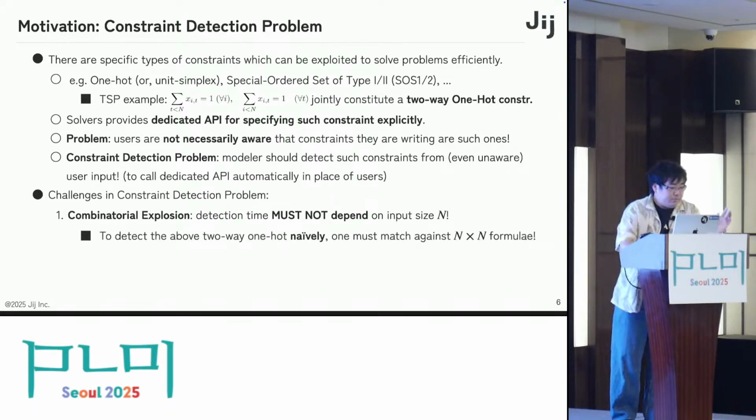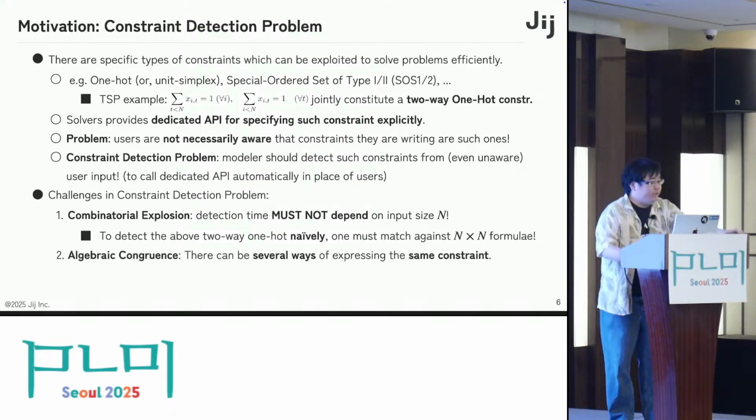If we detect the above two-way one-hot naively, one must match against n times in the formula, and if there is one matching, then try everything else to find this pattern. This will lead to combinatorial explosion when done naively.